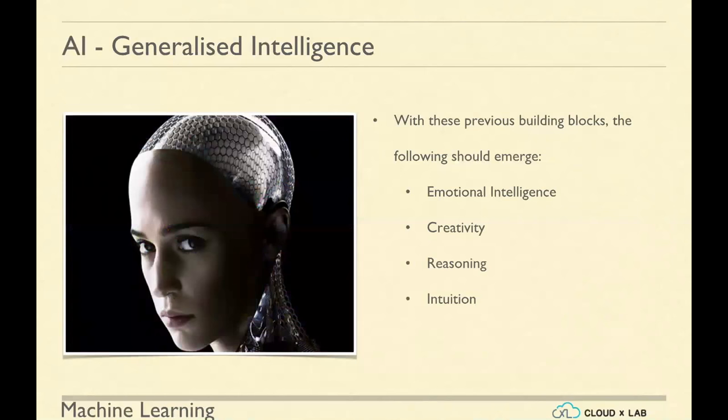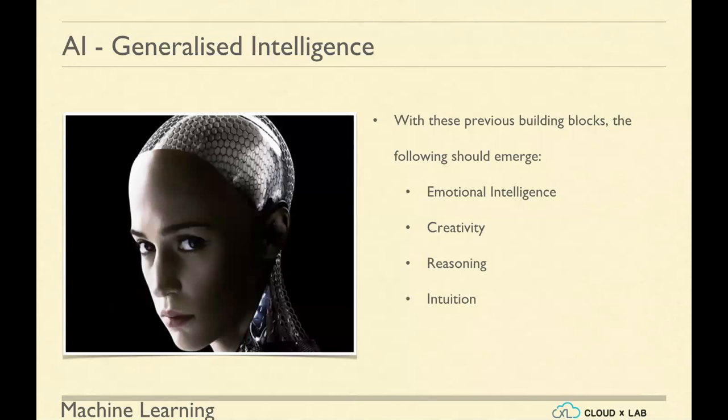Generalized intelligence is the intelligence like sixth sense or intuition. As per John McCarthy and team, if we are able to achieve the basic sub-objectives of AI, then generalized intelligence would emerge.